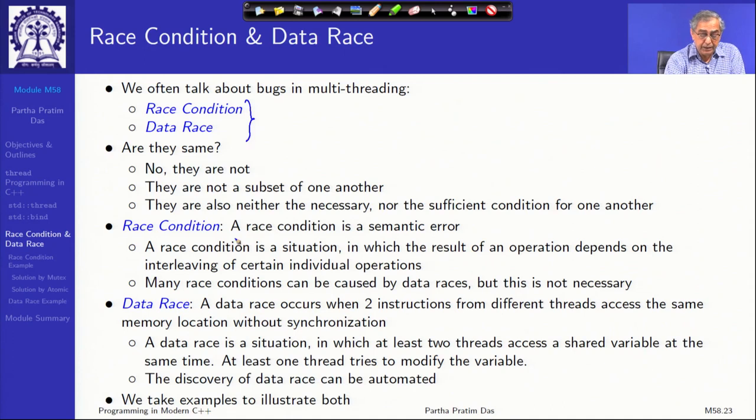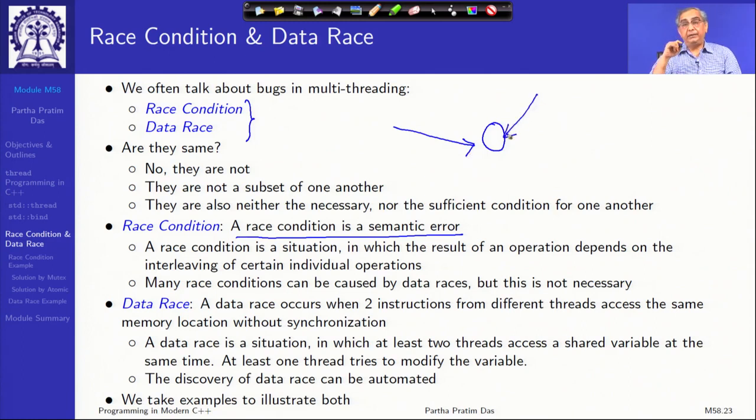A race condition is more like a semantic error. A race condition is a situation where operations of multiple threads are mixed up, interleaved, so that they are not producing the right result. That is a race condition. And a data race is when there is one single object, there are at least two threads which are accessing it, and at least one of them is trying to write.